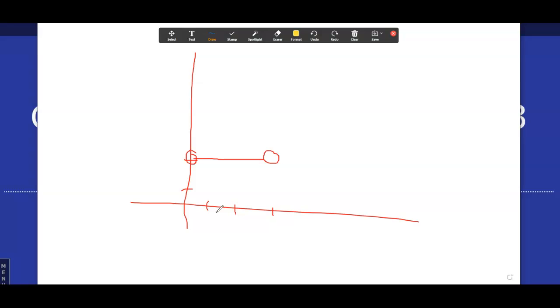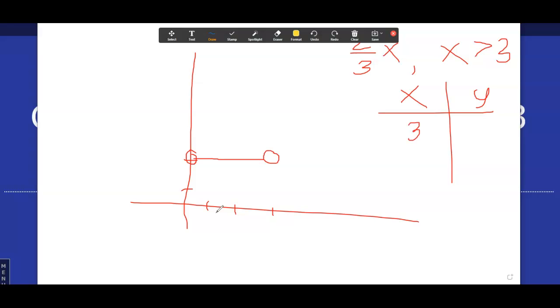The second part was 2/3 x for x greater than 3. This is why I asked you, what is 2 times 3 divided by 3? And you told me it was 2. So the starting point of this second equation is 3, 2. You'd go to 3 on x, 2 on y, and you see that they overlap.